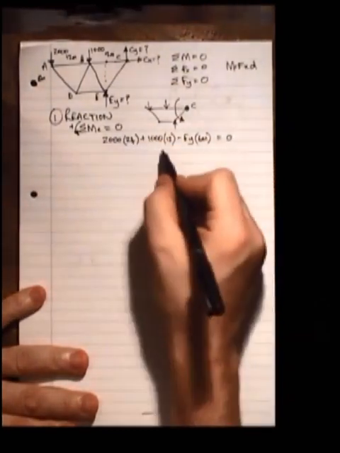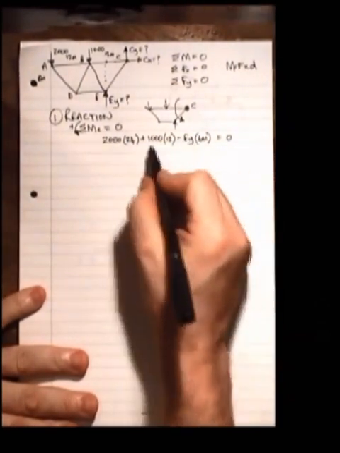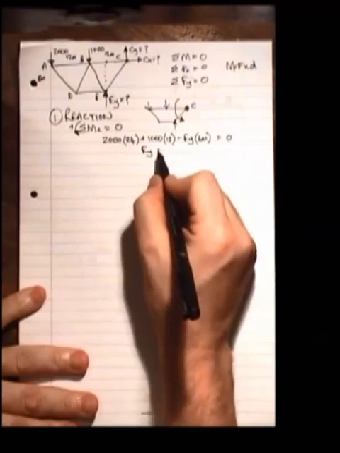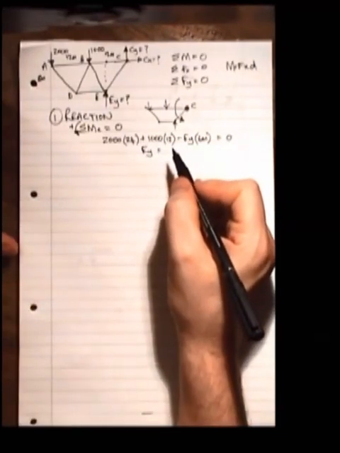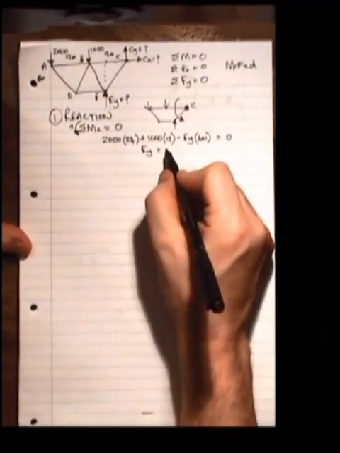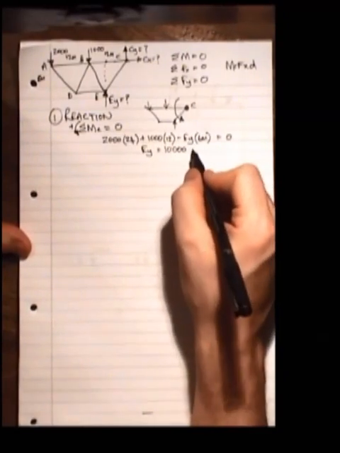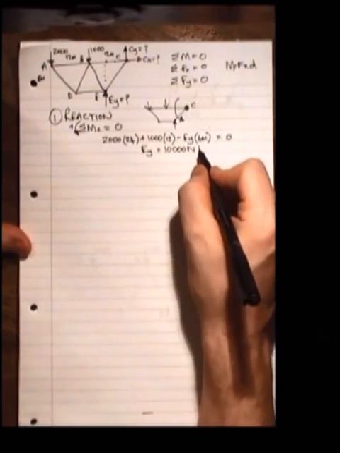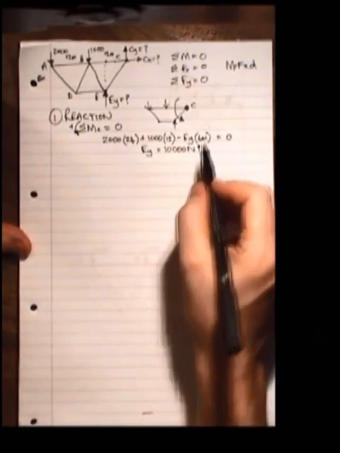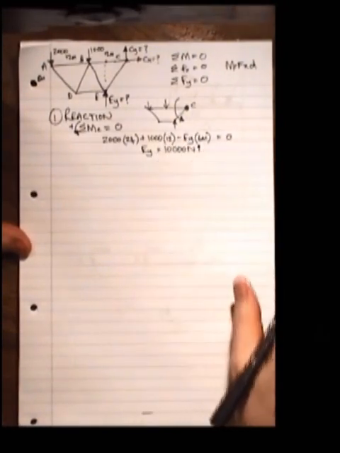Sum of moments around C equals 0. The only unknown there is AY. Using your calculator, you'll find out that AY is 10,000 newtons, and I've guessed the direction of it correct, going upwards, because this is a positive number.